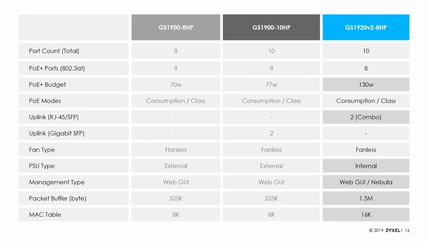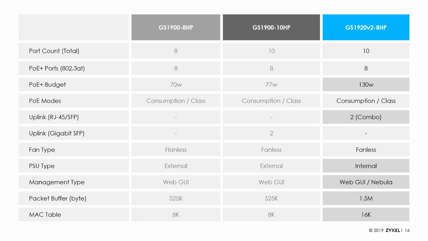So a super quick look at the GS1900 versus 1920v2. If we look at the fanless PoE versions first, you can see that the 1920v2 has a larger PoE budget, has a combo port, so has 2 uplinks which are RJ45 or copper, whereas the GS1900 10HP only has 2 fixed SFPs.